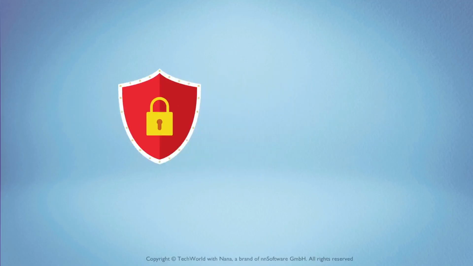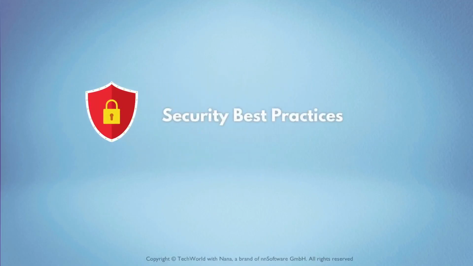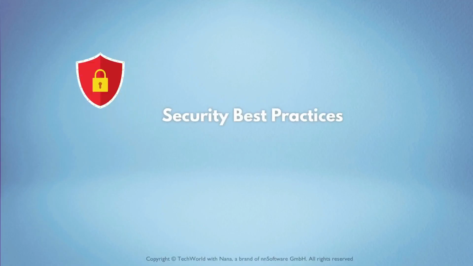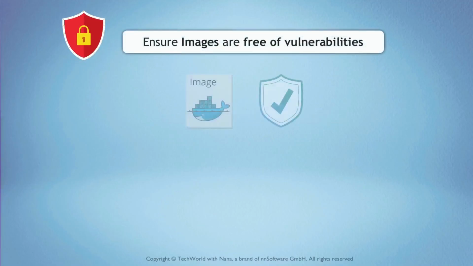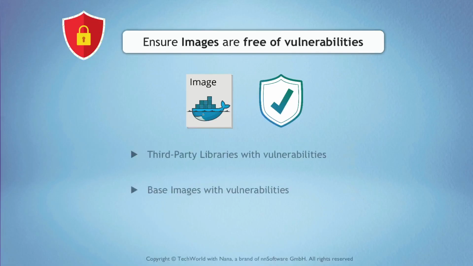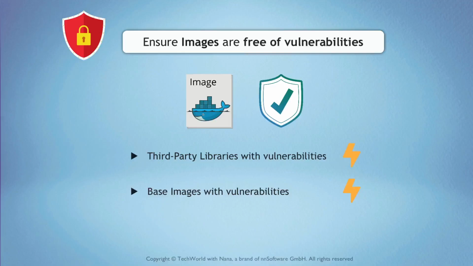And there are 3 more security best practices that you need to be aware of when working with Kubernetes. One of them is ensuring that all the images that you're using in your cluster are free of vulnerabilities. This can happen if you're using libraries or tools that have some vulnerabilities for your application inside the container.